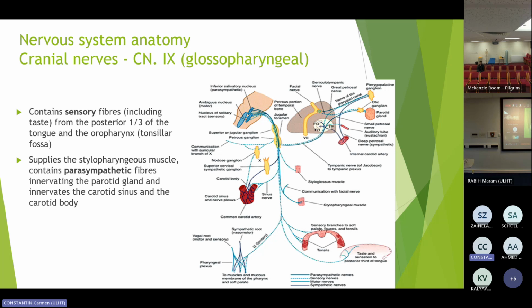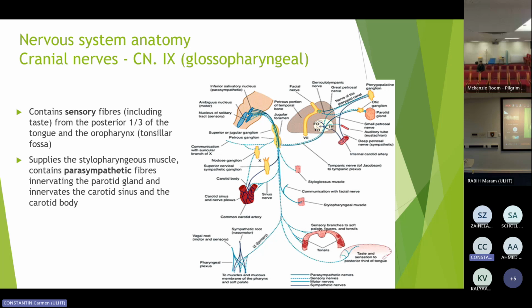Glossopharyngeal cranial nerve. It's a busy slide, but you'll have these slides anyway. It contains sensory fibers, which include the taste from the posterior third of the tongue and oropharynx, and it supplies the stylopharyngeus muscle. It contains parasympathetic fibers, which are innervating the parotid gland, and it innervates the carotid sinus and the carotid body.